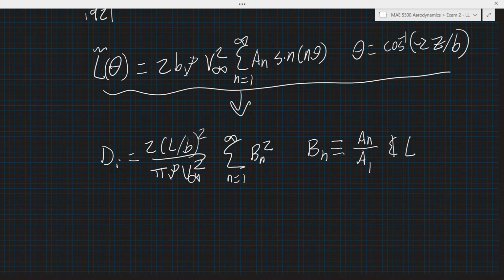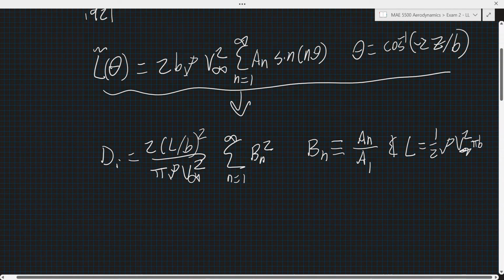And we'll also note that lift is equal to 1/2 rho v infinity squared times pi b squared a1.